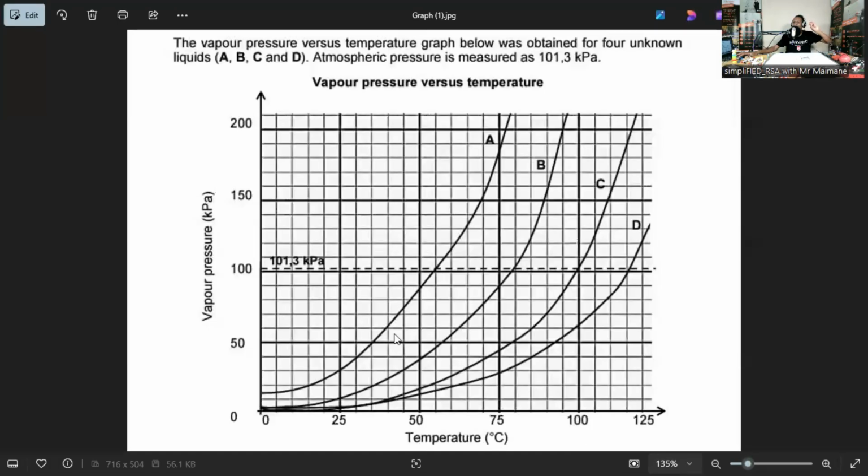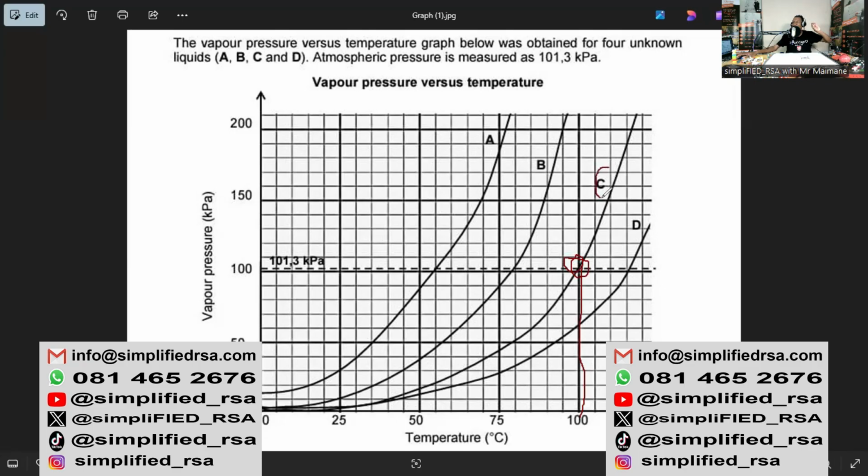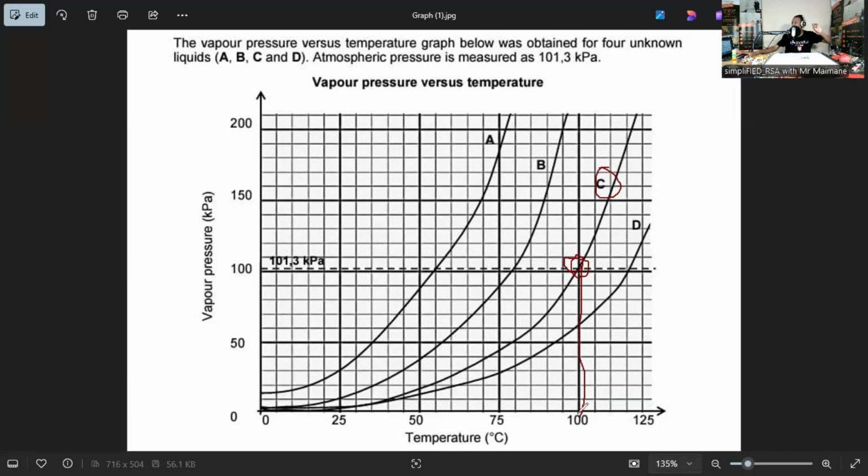Analyzing our graph, if I go to 100 degrees Celsius and go up to where it touches the atmospheric pressure, we can tell that this liquid here, which is liquid C, is likely to be water because it boiled at 100 degrees Celsius.